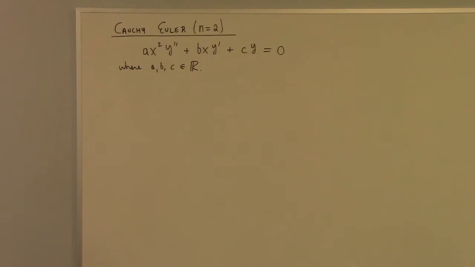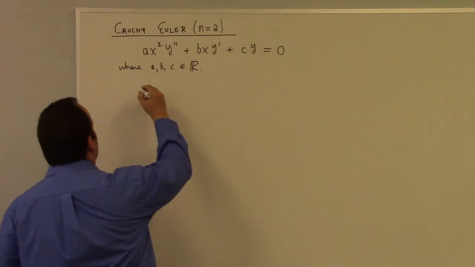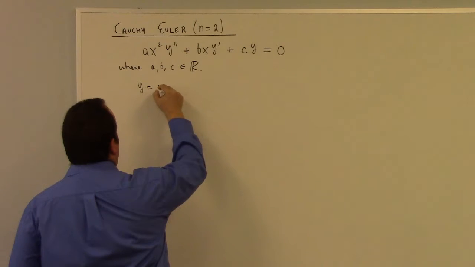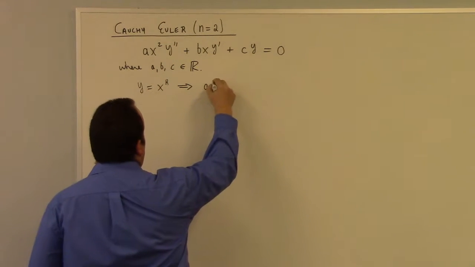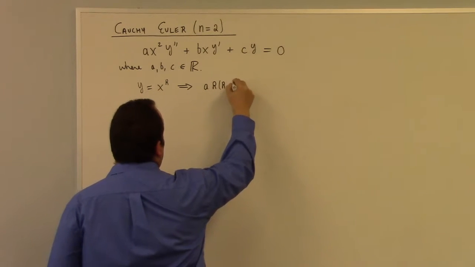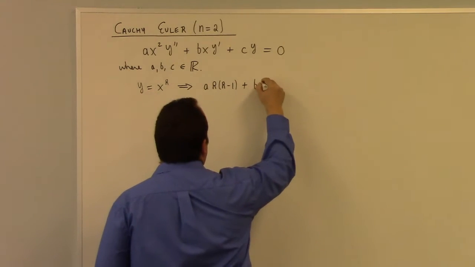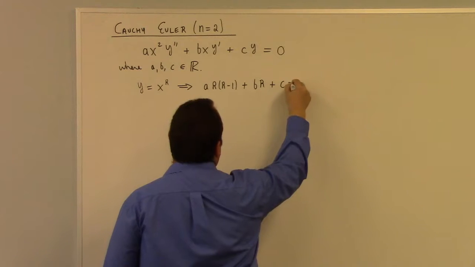And so what did we find last time that we were looking at this problem? We figured out that if we use a solution of the form y equals x to the r, if we make that our guess, then that implies that we need a r times (r minus 1) plus br plus c equals 0.